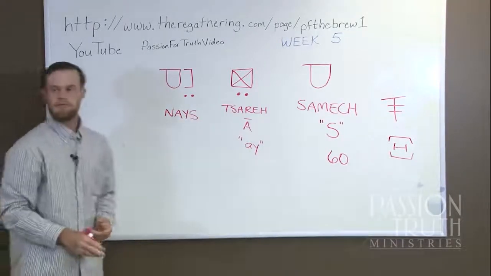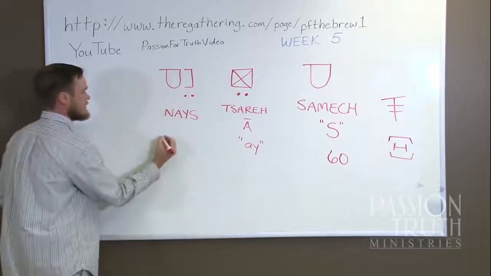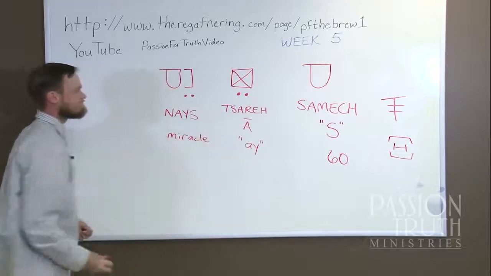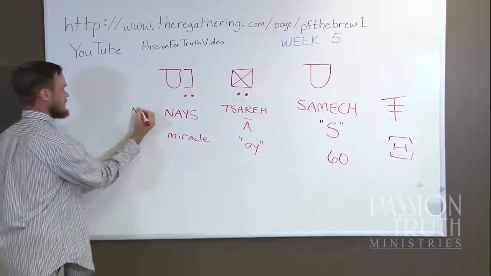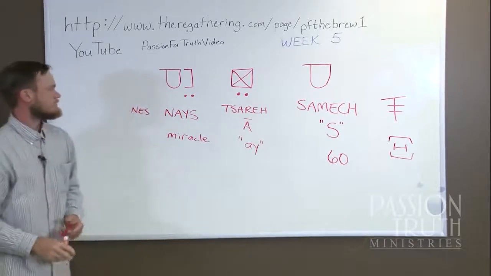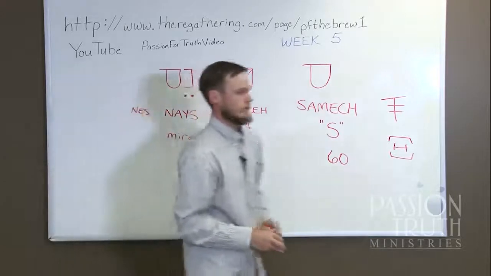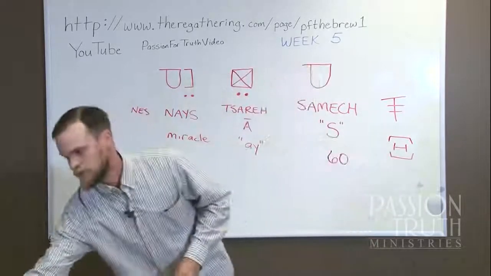So nes, nes. And nes is a miracle. You also see it transliterated in English as just N-E-S. So in Hebrew, they're not talking about the Nintendo Entertainment System. It is nes, which is a miracle, which the NES is not.